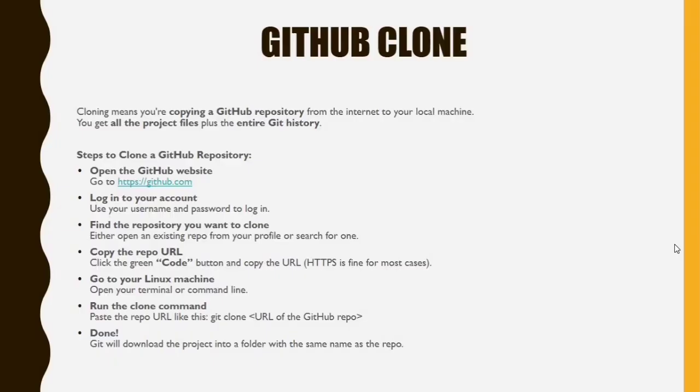And it's not just the files, you also get the entire Git history. So you can see everything that has been done to the project so far. When you clone a repository, you will get all the files and folders in the project, all the branches and the commit history, and also the .git folder that lets you use Git commands locally on the system.